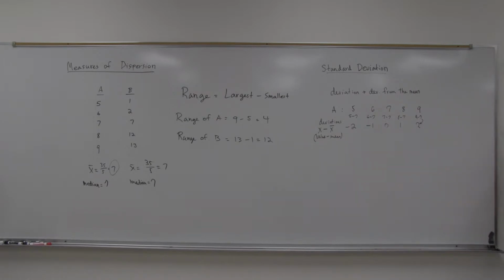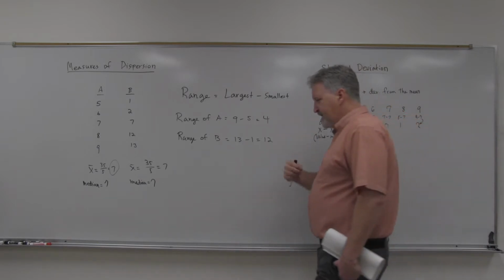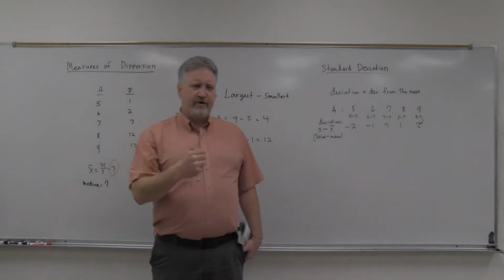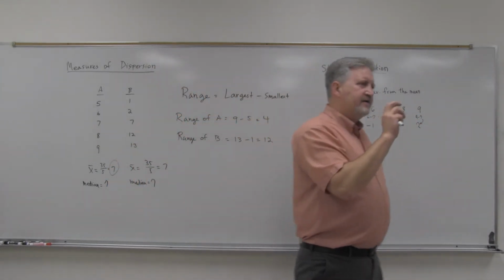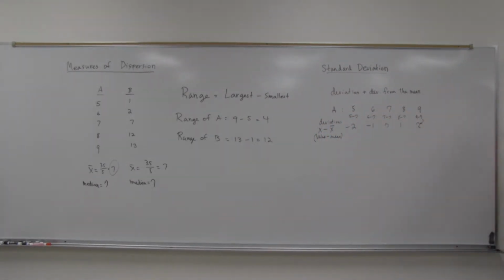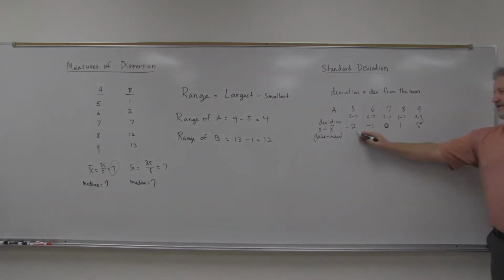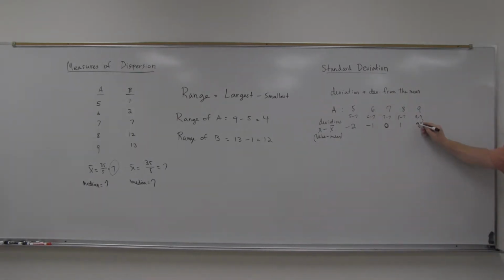Right? Okay. Now, with standard deviation, what we try to do is get an average of these deviations. The problem though is, if I average the deviations, add all the deviations up and then divide by the number there are, notice if I add these deviations up, what happens? Negative 2 plus negative 1.